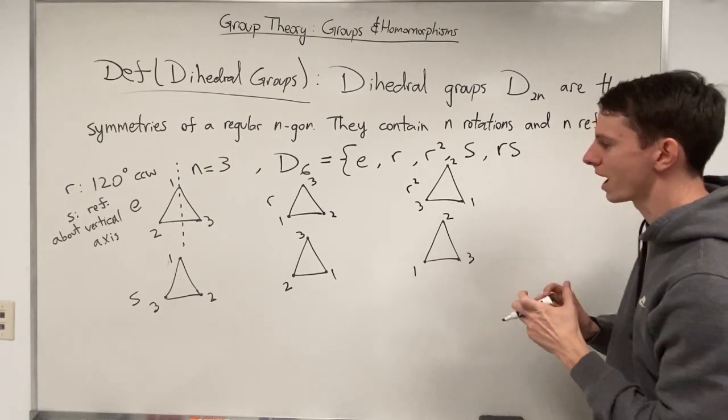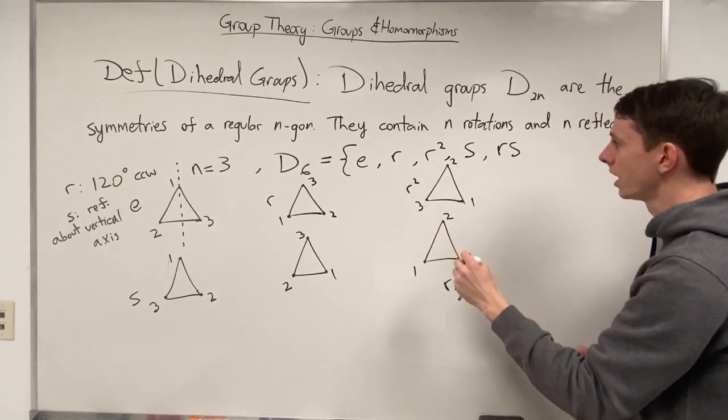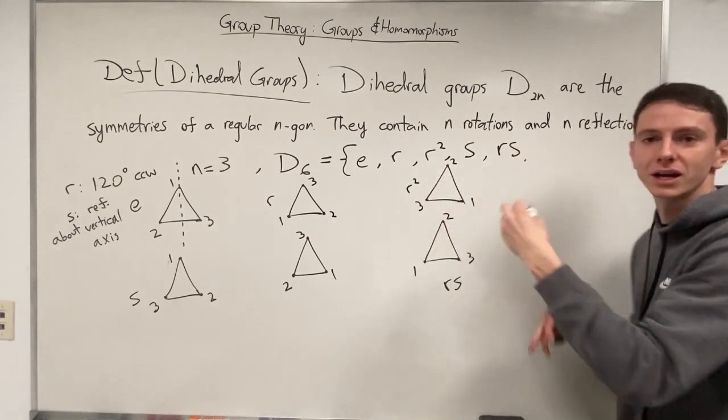And hopefully you can see a pattern here. So if this is RS, and we have E, R, R squared, S, RS, you can imagine what the last one is going to be.